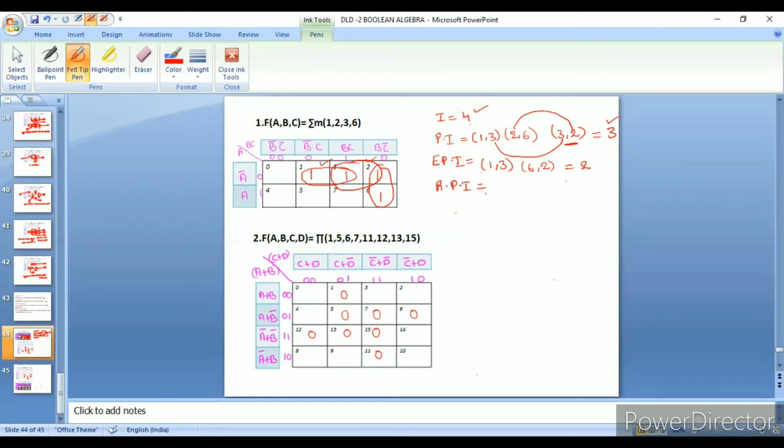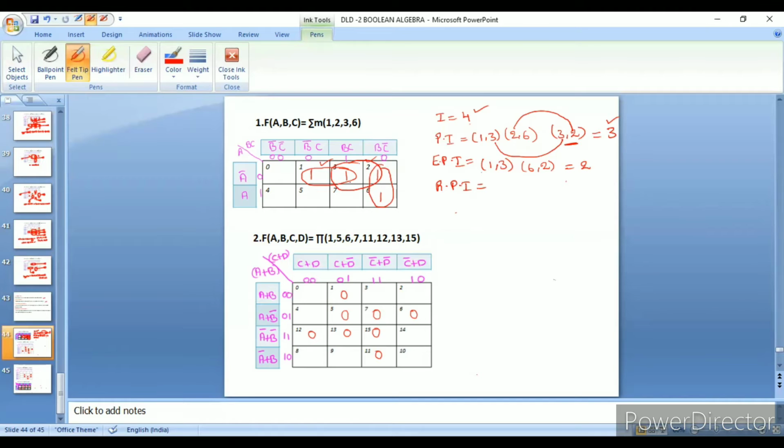That means if you consider this 1 and 3, particularly this one, it is an essential prime implicant, but 3 is covered 2 times. 3 is covered here in this way, like 2 and 3, and 1 and 3.